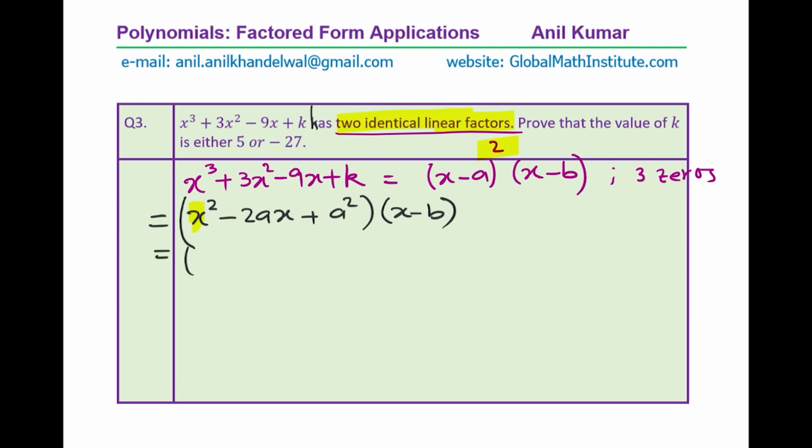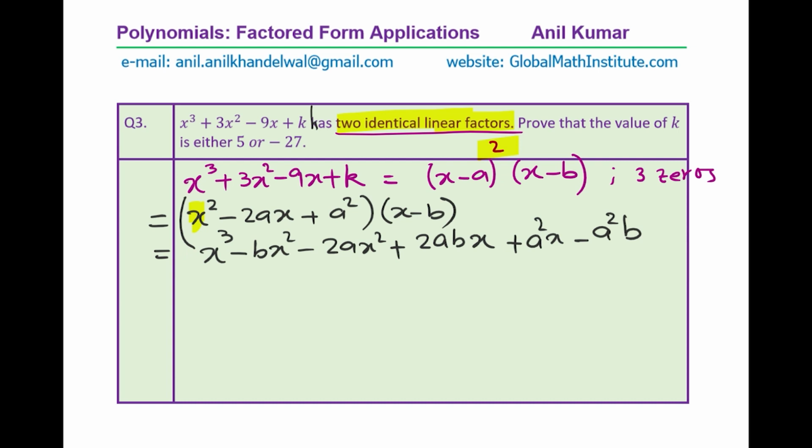So x cube minus bx square, then multiplying with minus 2ax, we get minus 2ax square plus 2abx. Now we'll multiply by a square, both the terms, plus a square x minus a square b. Okay, so this bracket is not required here.